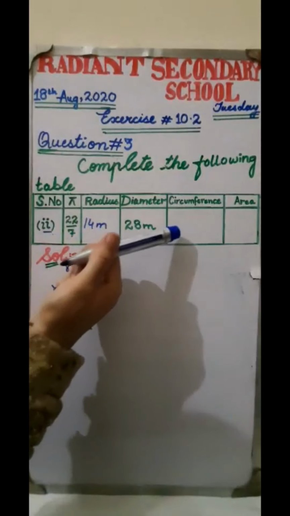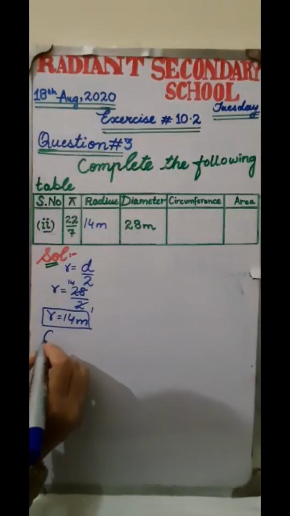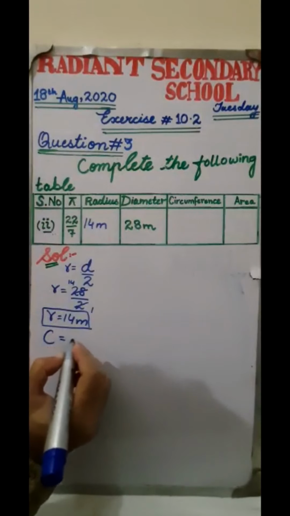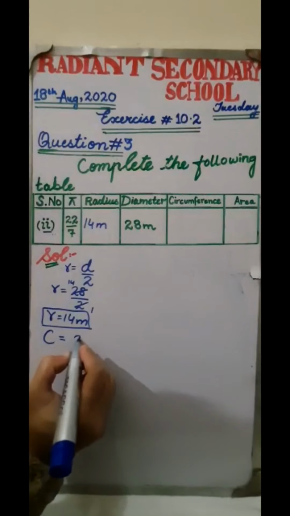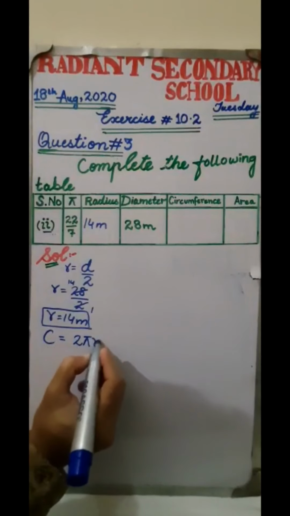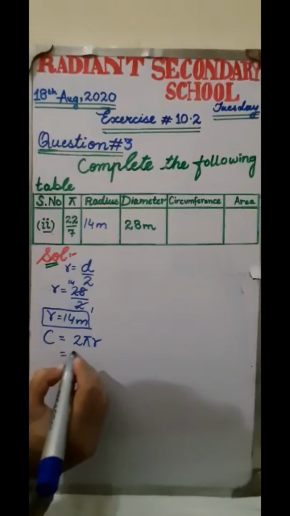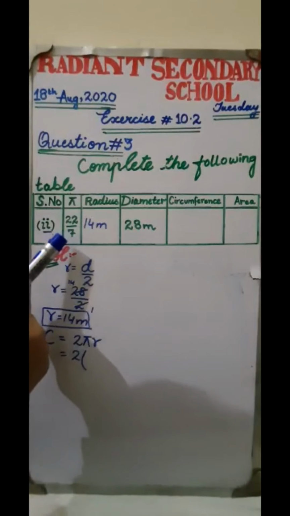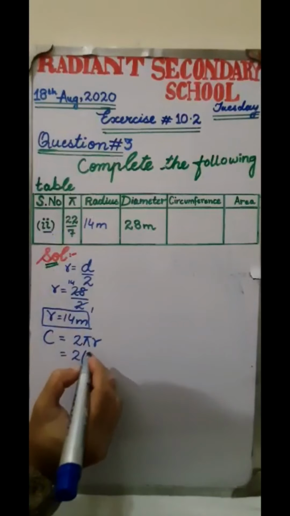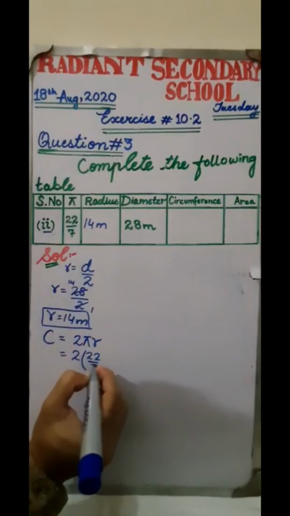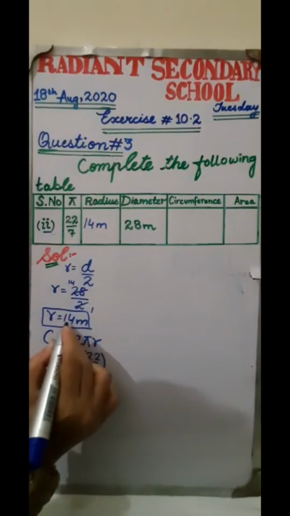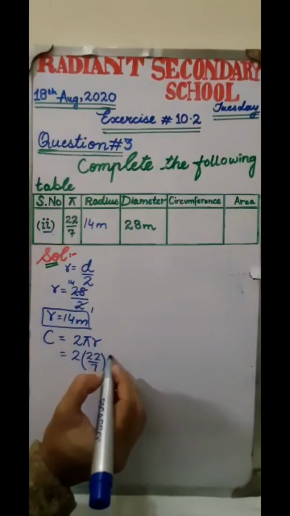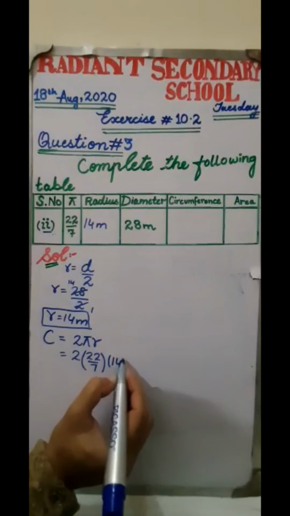Now come to circumference. We have to find circumference. Write the formula of circumference. Circumference is equal to 2 pi r. Now put the values here. 2, the value of pi given in the question, 22 by 7, and r we have found, so put r here, 14.